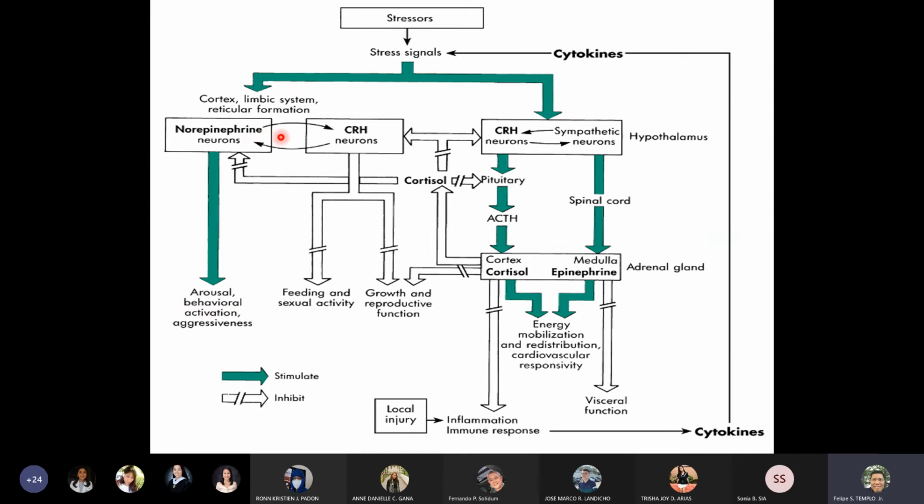And at the same time, during fight or flight reactions, some of your CRH can also stimulate your hypothalamus via the spinal cord, via the medulla, and of course, release your different hormones, right? Your catecholamines and epinephrine. That is necessary for energy mobilization and redistribution and cardiovascular responsivity.